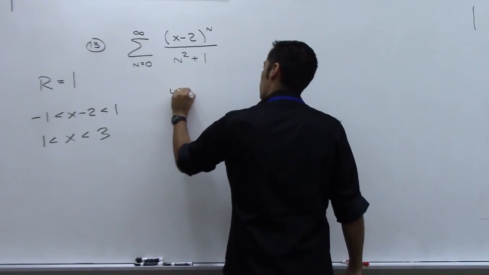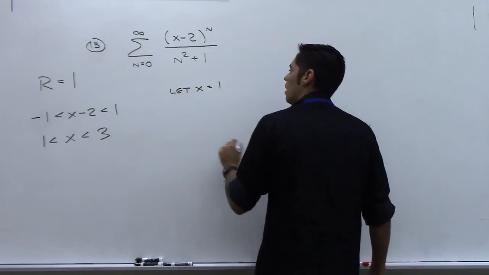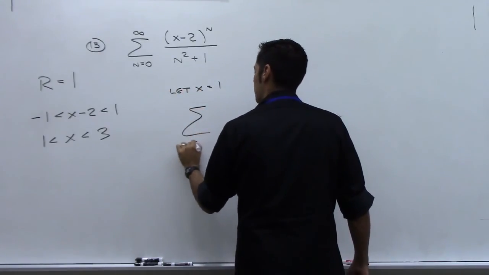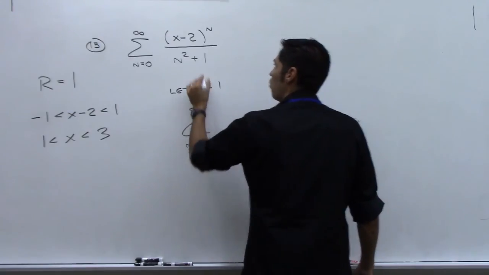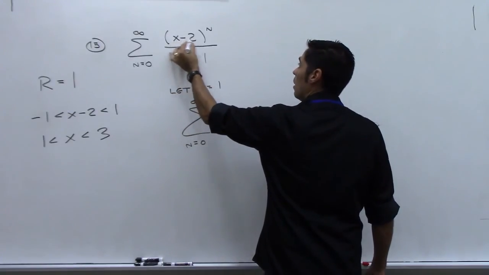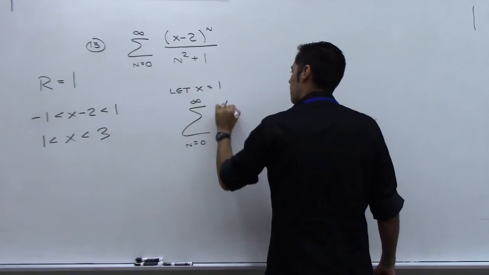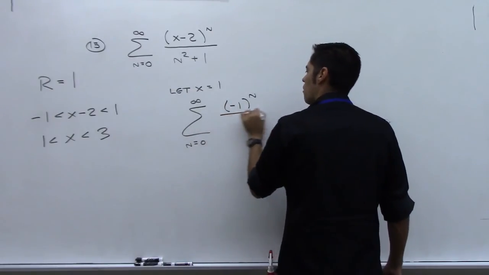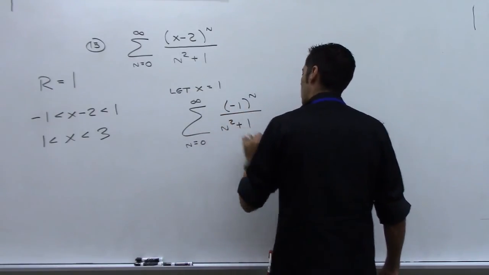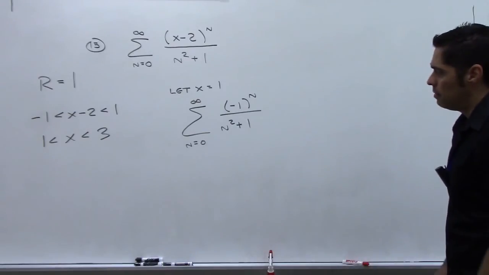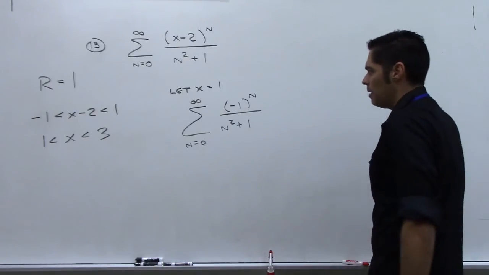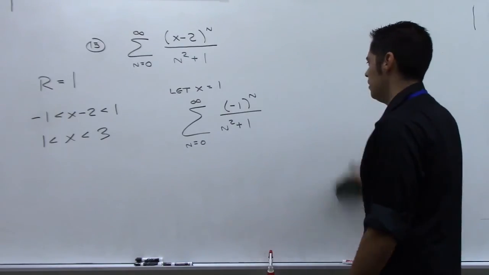So let me test 1 first. If x is 1, let's see what this series turns into. If x is 1, I plug 1 in here, I get (negative 1)^n over n squared plus 1. And for this, I think I'm going to stop doing all the work.